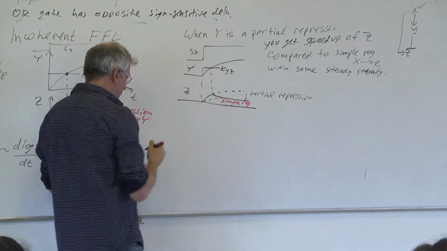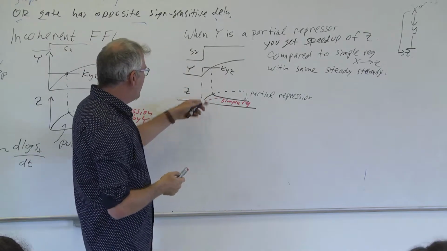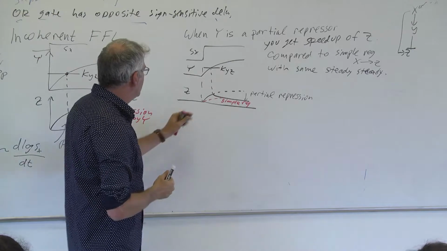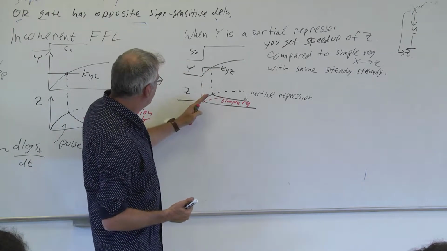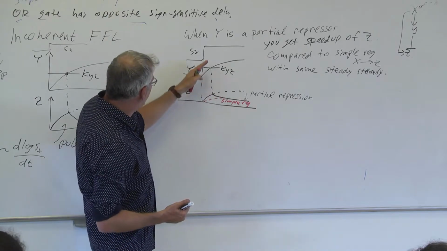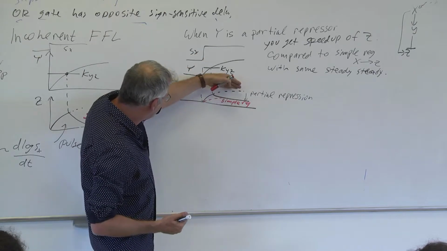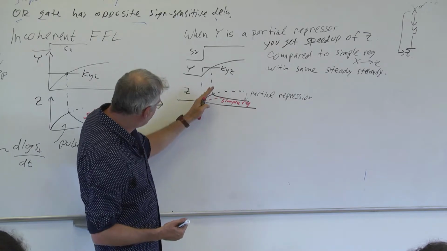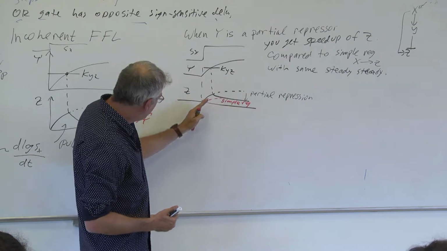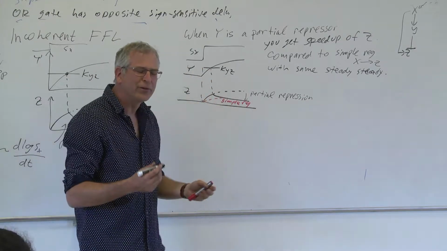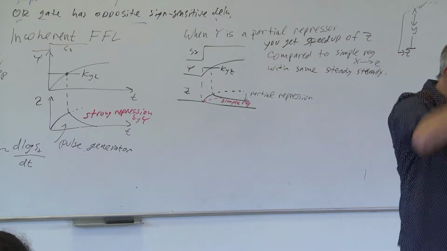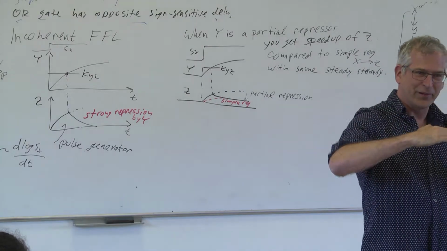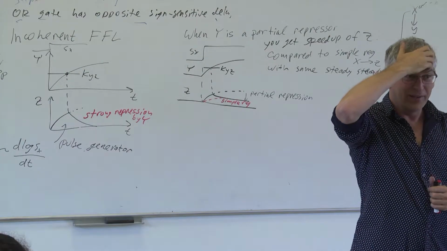The reason that the feed-forward loop is faster is because Z starts going fast, and then Y is a repressor, so it has to go faster and then slower. And basically it's similar to the negative autoregulation. You get a fast motor, and then you have strong brakes because you activate the repressor. And then you can reach the desired steady state. Speed up.